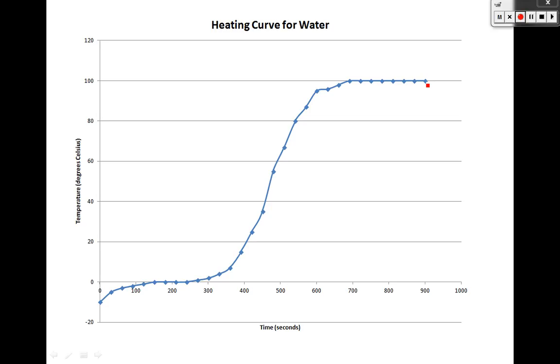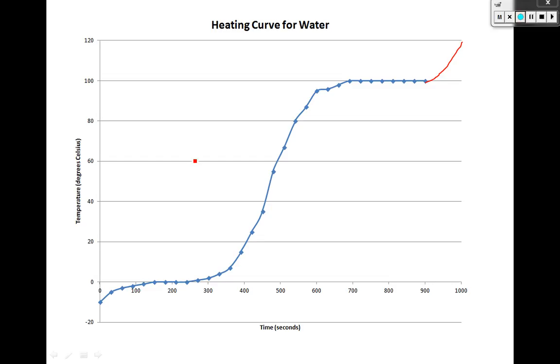There's a couple of reasons that may have happened. But if I were to collect the steam that was bubbling out of the liquid water, and I could keep heating that steam, I would expect that this could rise again. But it would only rise as a gas, not as liquid water.